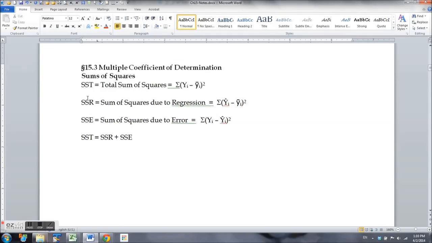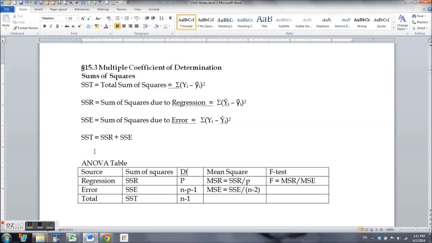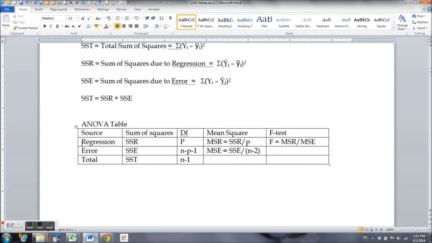Now of course SSR plus SSE is equal to SST, and once we have these sums of squares, we can put them all together in the form of an ANOVA table. This ANOVA table for regression is almost identical to the one that we saw in the previous chapter on simple regression, the only difference being the degrees of freedom.